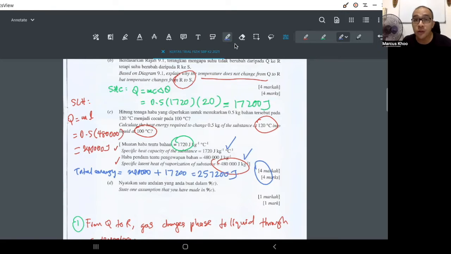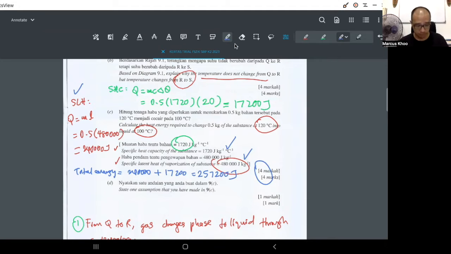Of course you need to add them together. That's why it's a 4-mark question. Surely you can't just calculate SLH and get 4 marks. Doesn't make sense. So let the marks help you to know how far you need to go. 4 marks is a lot of calculation. It's not just calculating one thing and done.